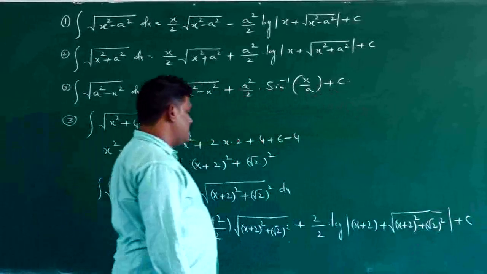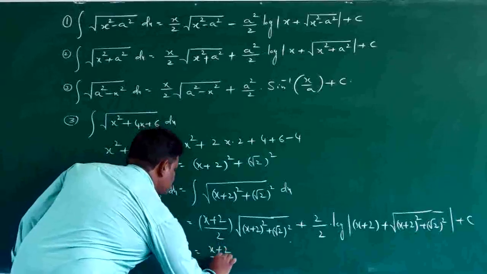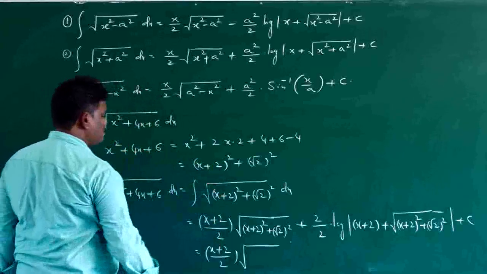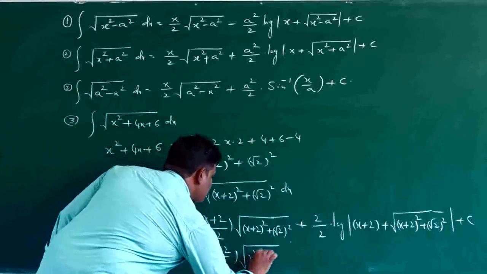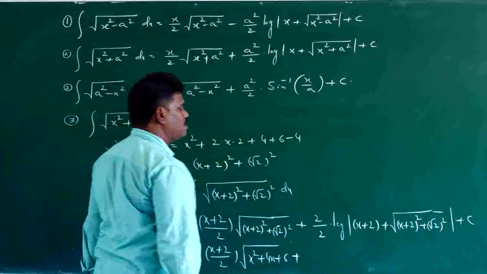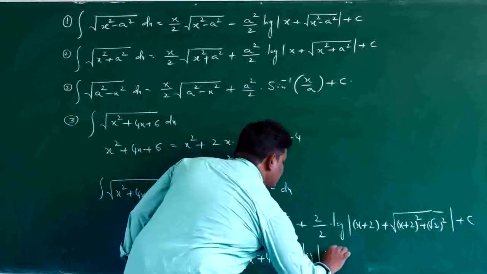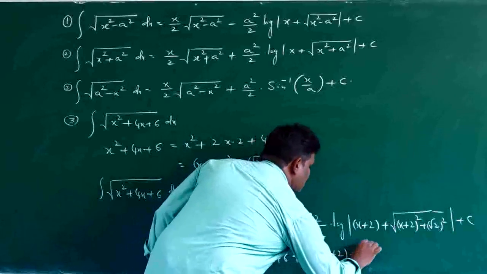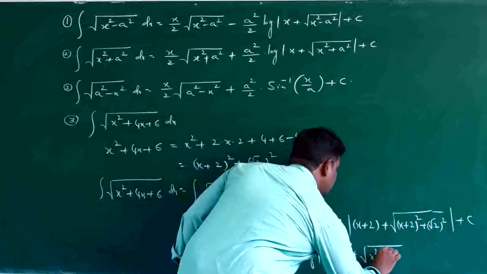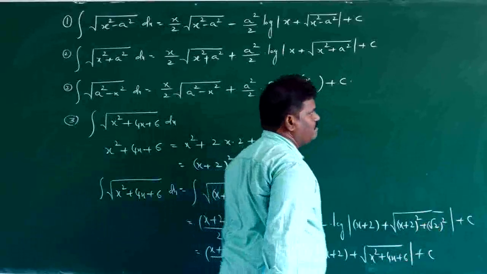Simplifying again: x plus 2 by 2 into square root of x square plus 4x plus 6, plus 1 into log of x plus 2 plus square root of x square plus 4x plus 6, plus c.